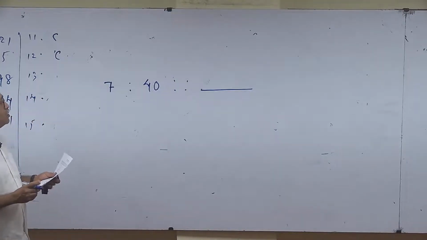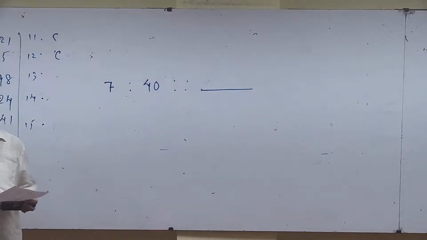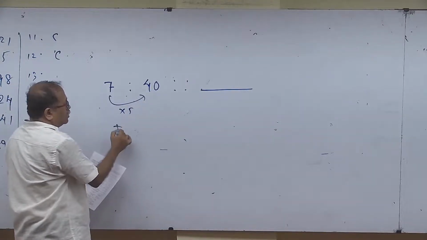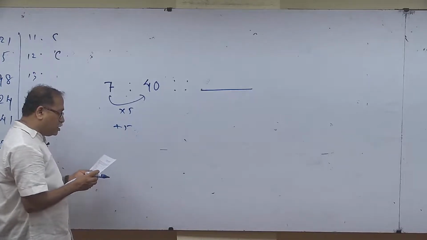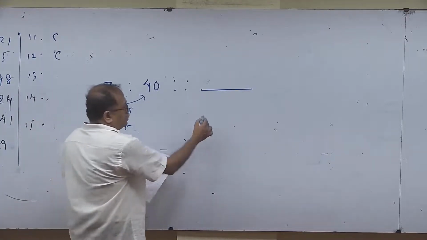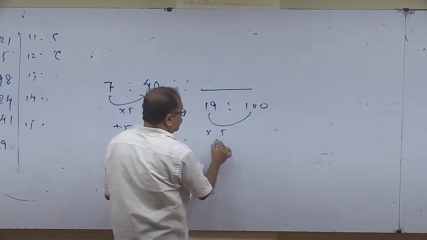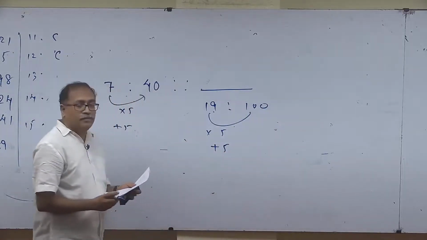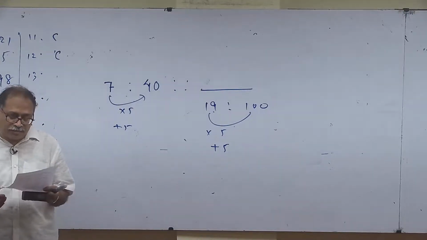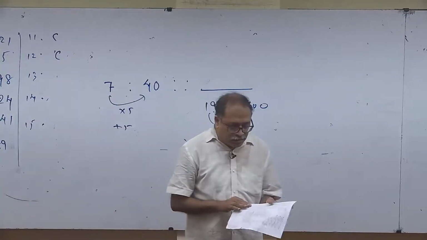Okay, just hold on once. One relation I may go for is 7 into 5 plus 5, right? So is there any number where we are having the same relation? 19 and 100. Look at this one, 19 and 100. There is also into 5: 19 into 5 is 95, plus 5 gives the similar relation. Okay. The rest I leave it for you to do at home.